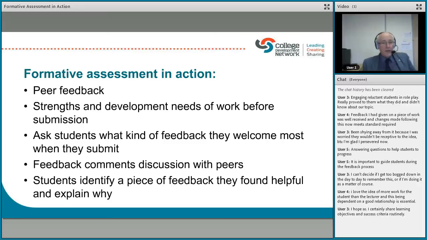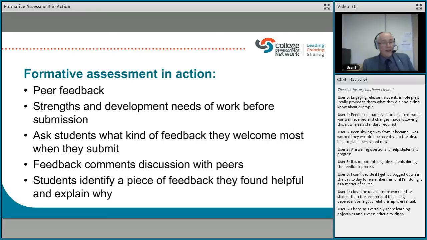Yes, sometimes I put them into groups and we look at the feedback comments, and it's the structured group work that looks at the feedback comments, and that can be quite powerful as well. And what I like to do is ask the students to identify a piece of feedback they found helpful and explain why.